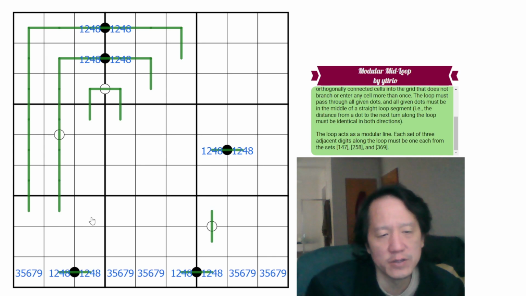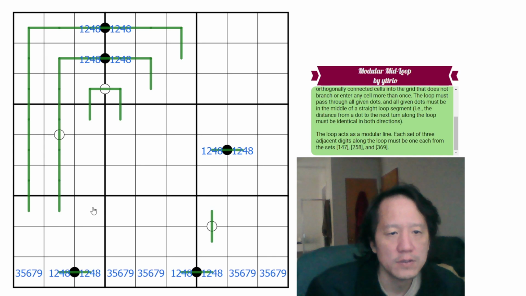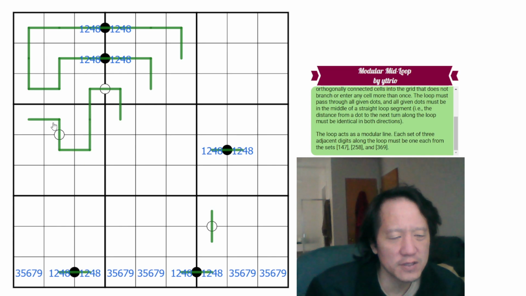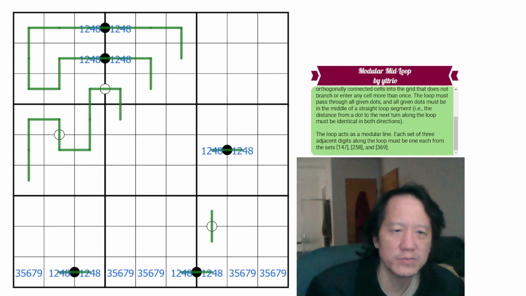Well, not necessarily, but... If it connects that way, it's possible it connects something like this too. That's possible.